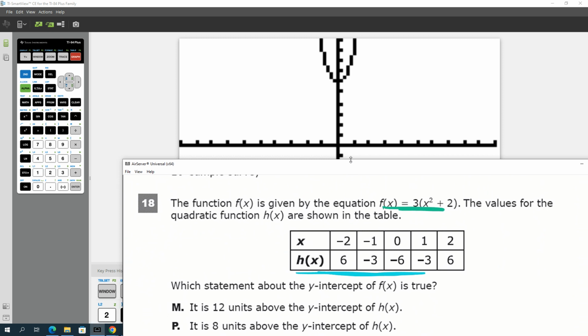So there it is. Looks like the y-intercept is up at 6. You can count the little tick marks. So that one has a y-intercept of 6.